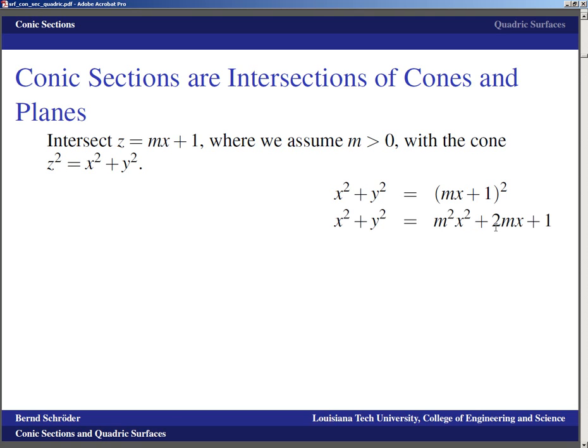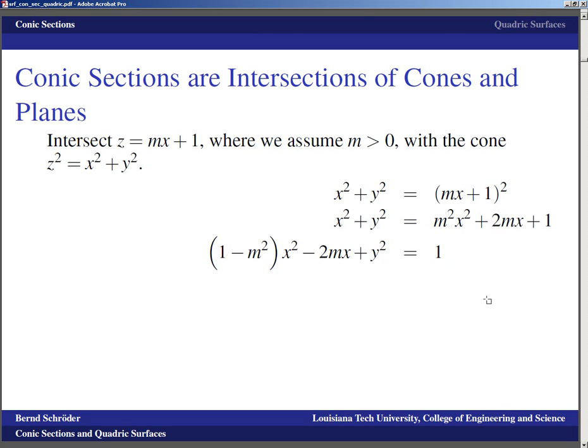Now we can bring everything except the 1 over, and this stuff all couples with the x, and I think I've already factored the x squared out. So we've got 1x squared minus m squared x squared, which is (1 minus m squared) x squared, and we've got the minus 2mx brought over. We keep the plus y squared, and then we still have the 1 on the right side from the previous line.